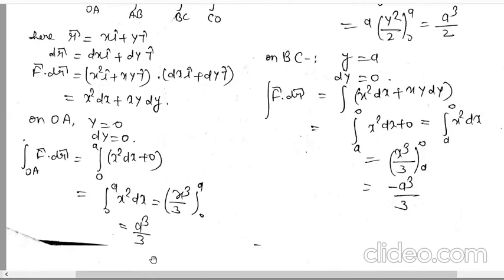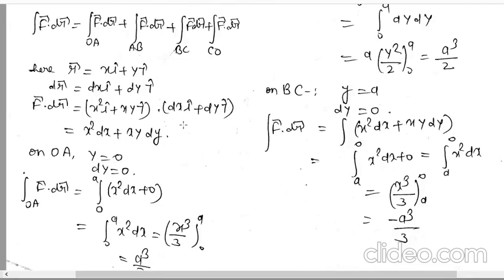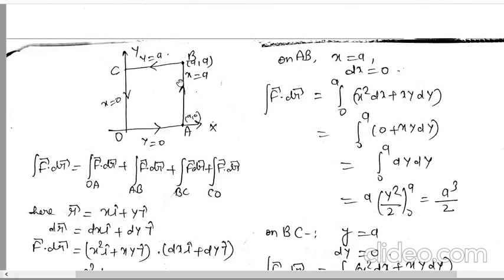Now OA, so the limit of x is given here 0, 0, here a, 0, because this is the line x is equal to a, so point A will be here. Now limit 0 to a, x square dx, so answer is a cube by 3. Now along the line AB, AB line means x is equal to a, so dx will be 0. So 0 to a, x square dx plus x dy, so dx is 0, x dy, x is a.